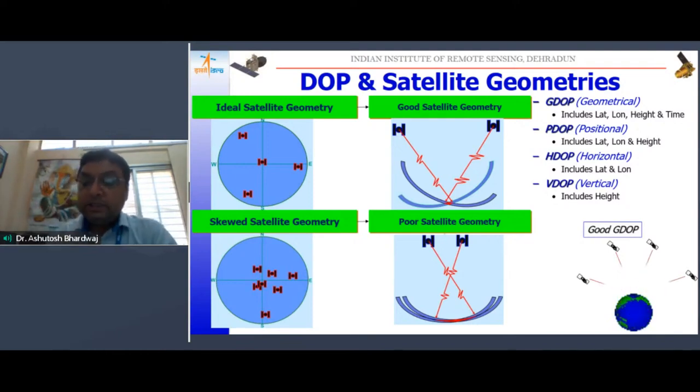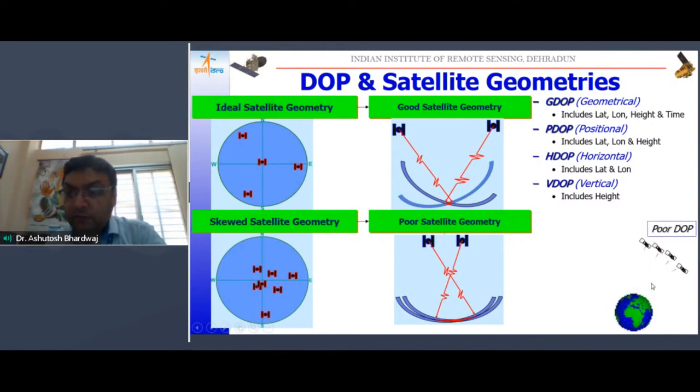So this diagram, which is shown here, provides a good GDOP scenario where we have less uncertainty and high accuracy. Whereas if we have this kind of scenario where we have a skewed setup of satellites, then we have high uncertainty and low accuracy.